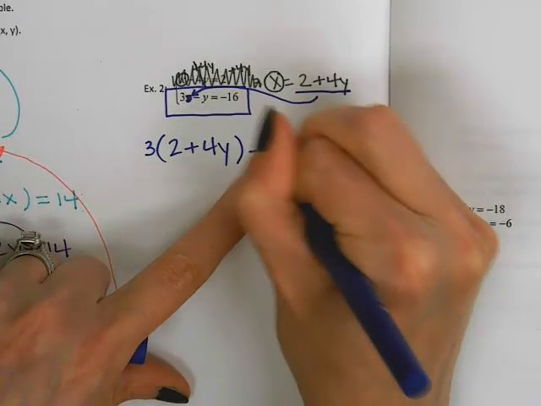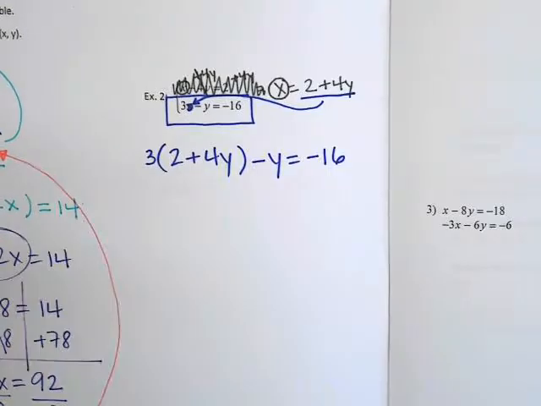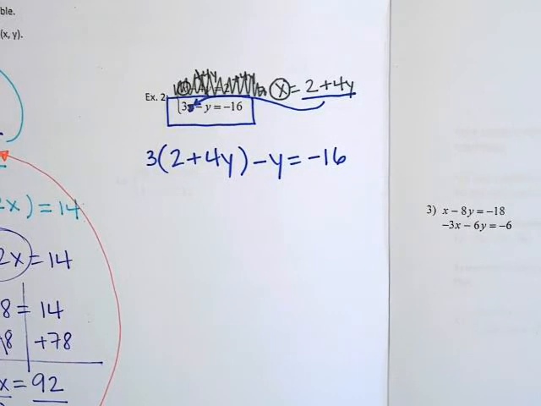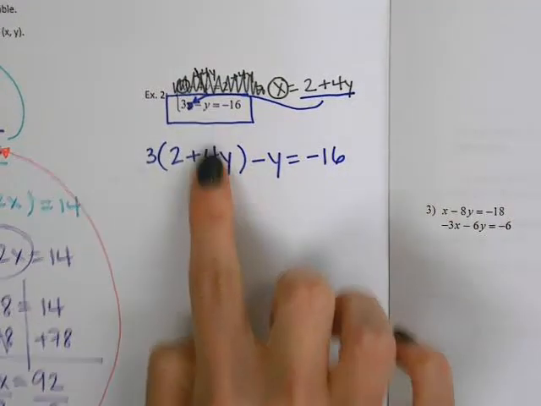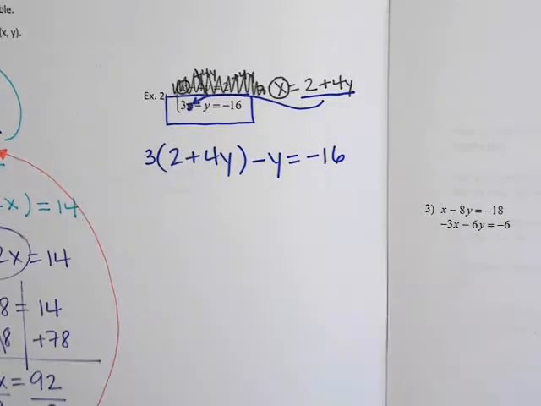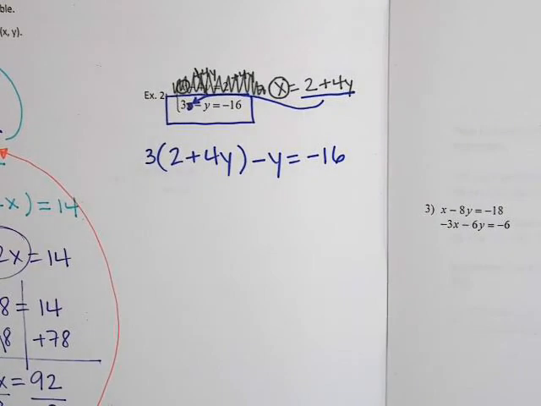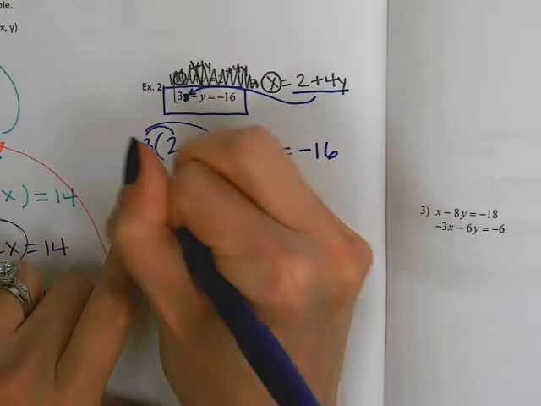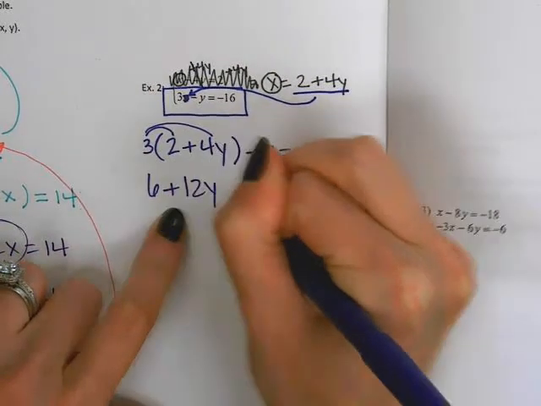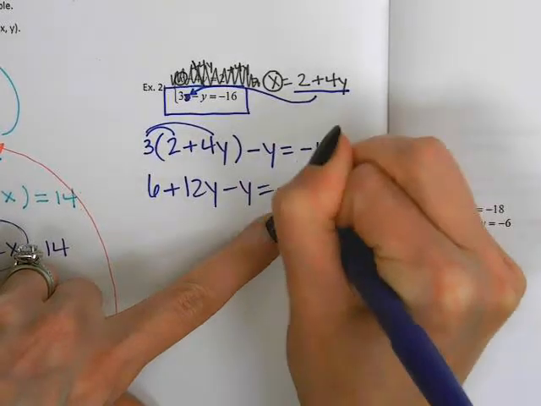And then the rest of the problem stays the same. Okay, so we're at 3 times 2 plus 4y minus y equals negative 16. We're going to distribute, combine like terms, and solve. So if we distribute the 3, we're at 6 plus 12y minus y equals negative 16.